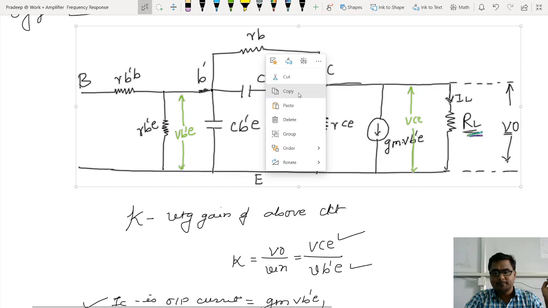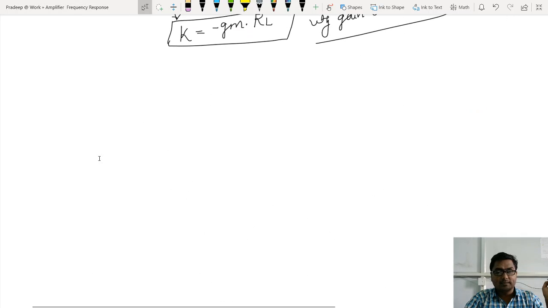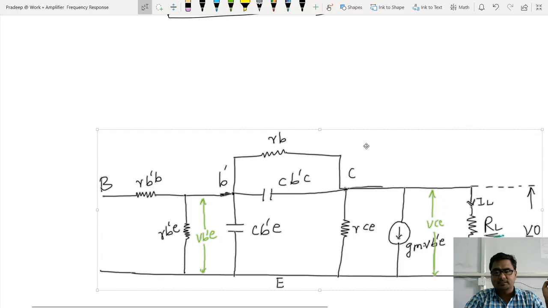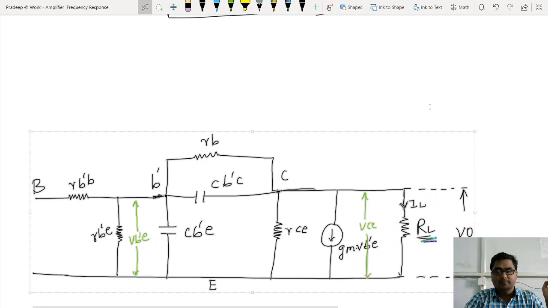Let me copy it. Now what have we decided? We have decided to remove that load resistor. Is it? Or instead, let me replace the load resistor with a short circuit. Is it?